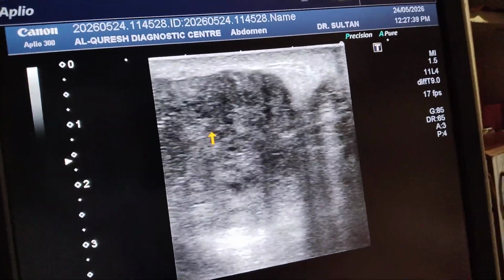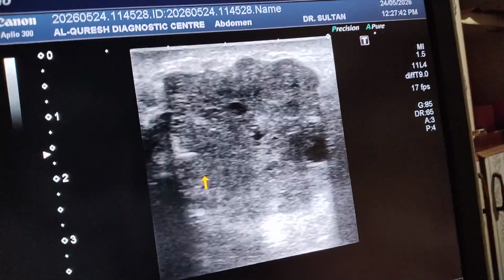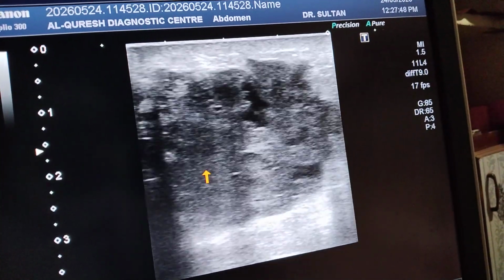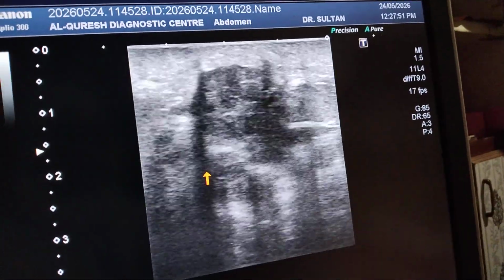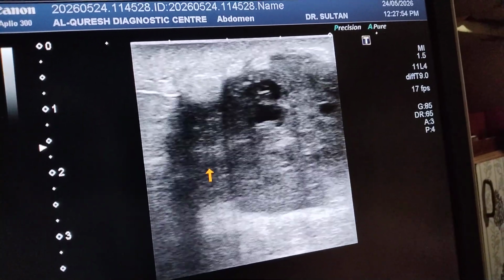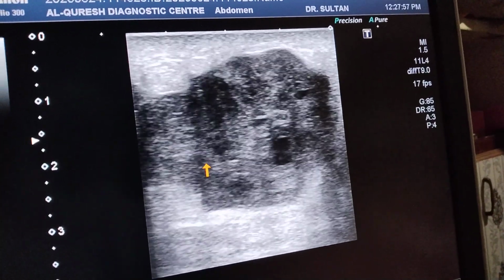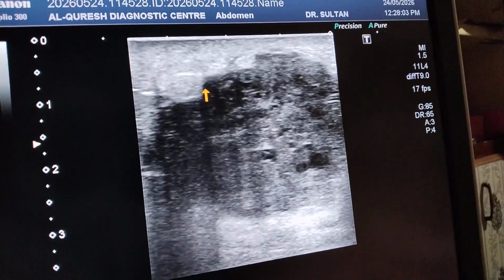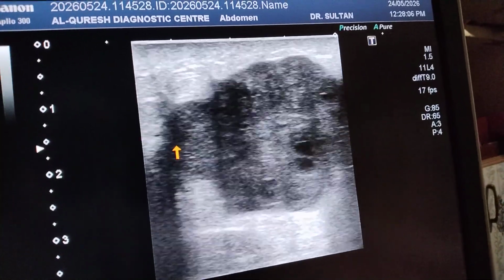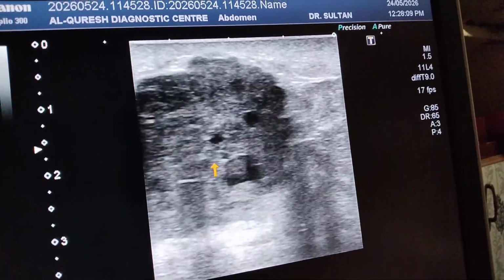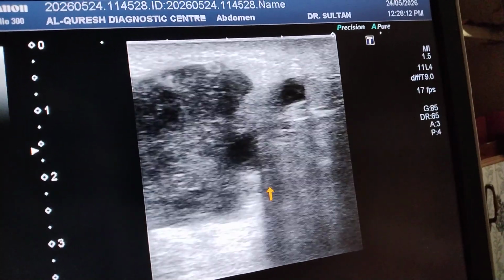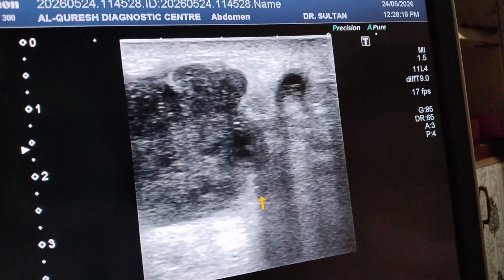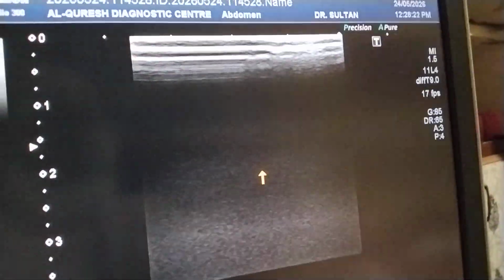So this mass is obstructing the duct, and this mass has irregular borders and also the peripheral acoustic shadowing. So now I'm going to scan the abdomen.